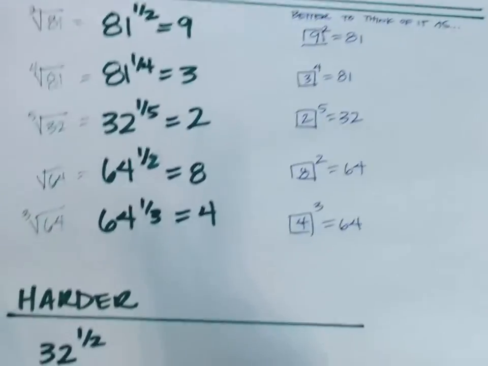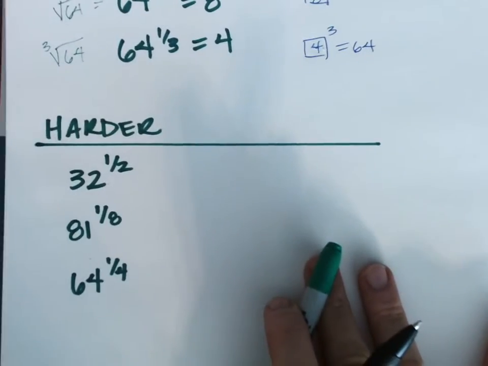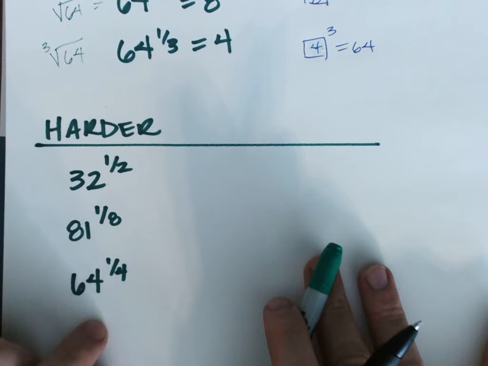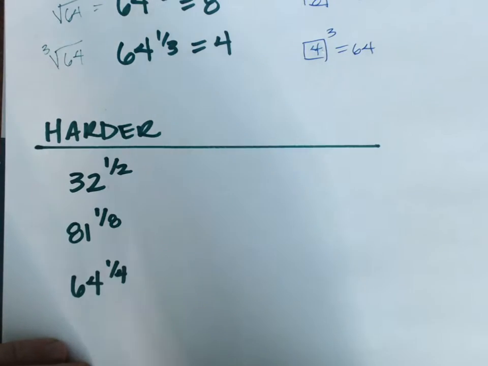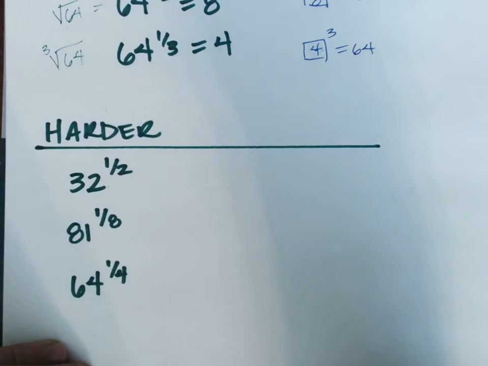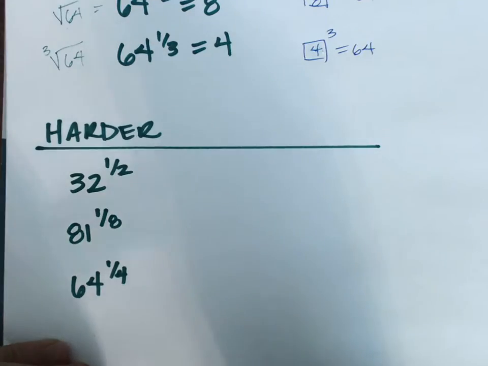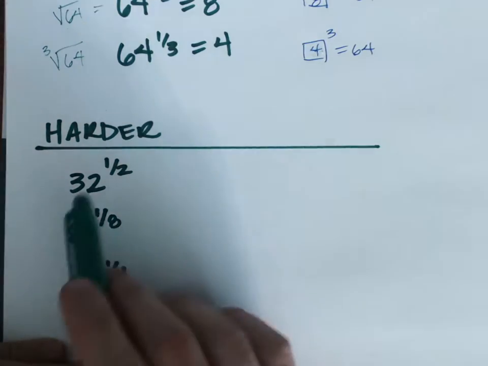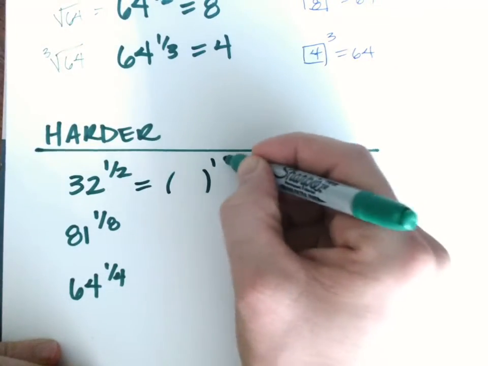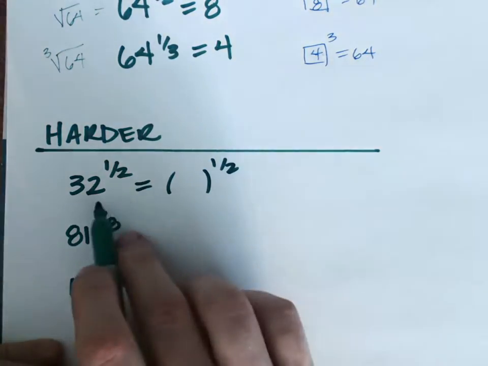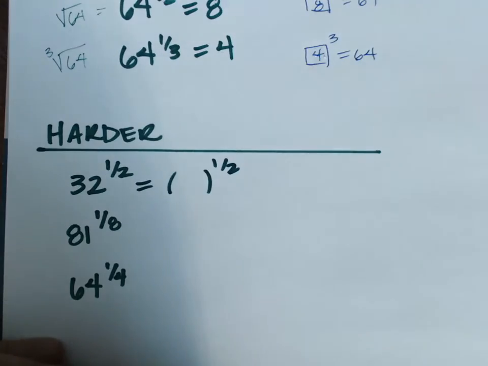I've got another category here I'm going to call harder, and that is that the answer to these is not a whole number. It's not going to come out nice and cleanly. So we need a little bit better of a way to address these, especially if we're being asked to do them by hand. And so in the first case, 32 to the 1/2, we're going to keep the half, and then 32 is a little too tricky to think about.